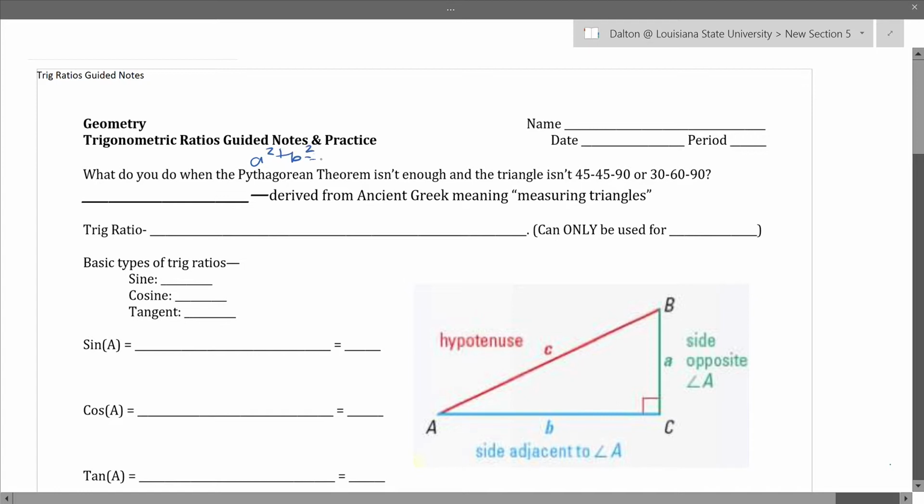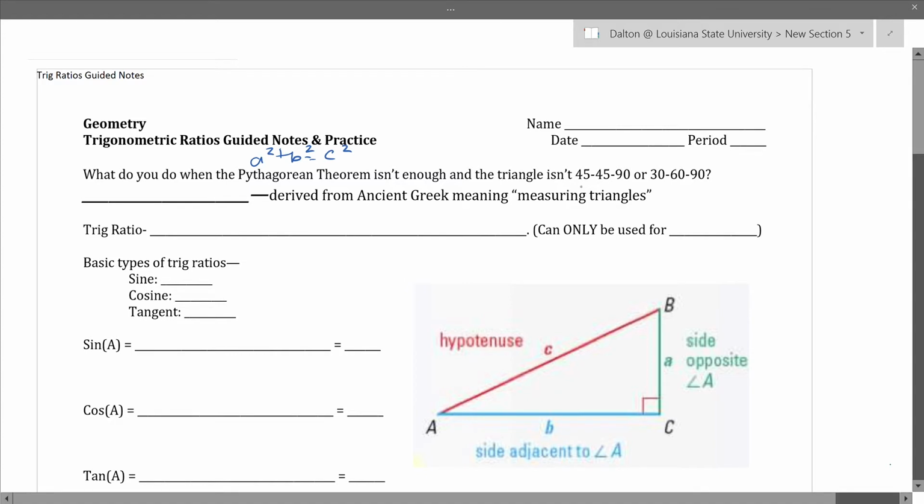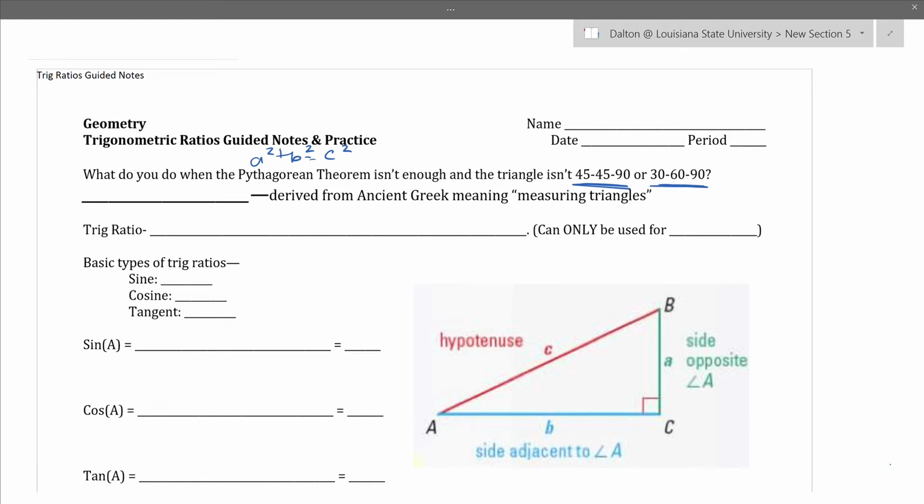And then we had these rules for 45, 45, 90, and 30, 60, 90 degree right triangles that allowed you to solve for different sides, but they only work for triangles that have these specific degrees. And the Pythagorean theorem only works if you know two sides of a triangle and you want to find the third. But not every right triangle gives you that much information. So that's where this idea of trigonometry comes into play.